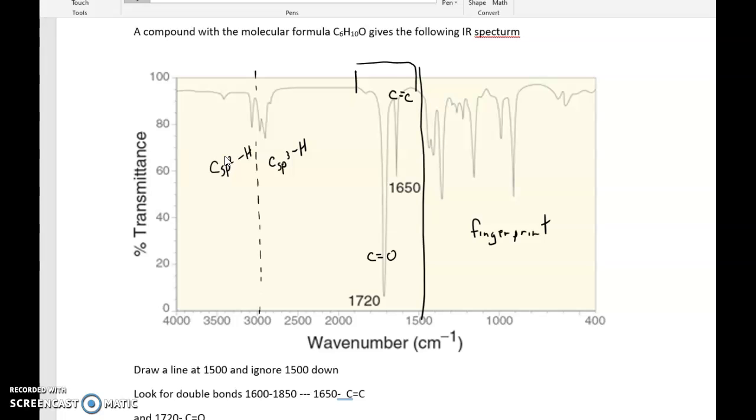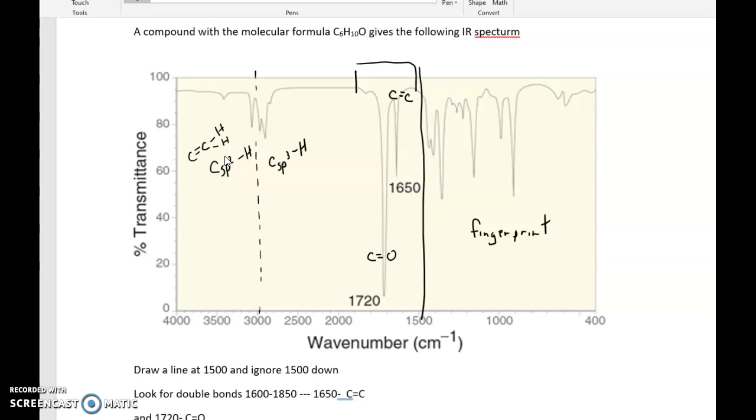So this one has a double bond. Got a carbon double bonded to another carbon, and we have a hydrogen attached to it. That's what we're looking at. Actually, two hydrogens there.